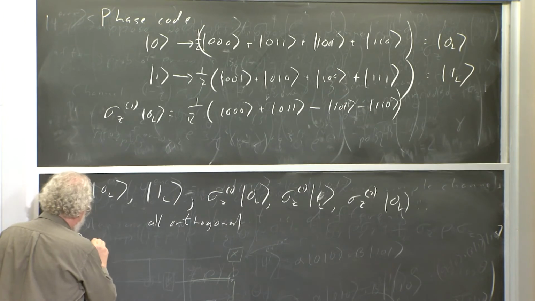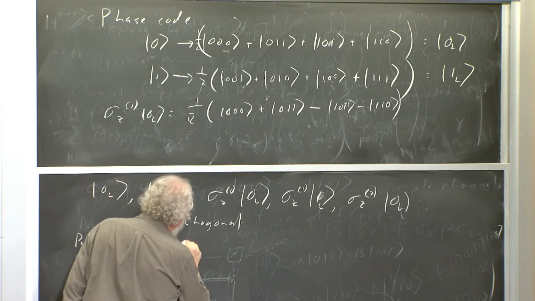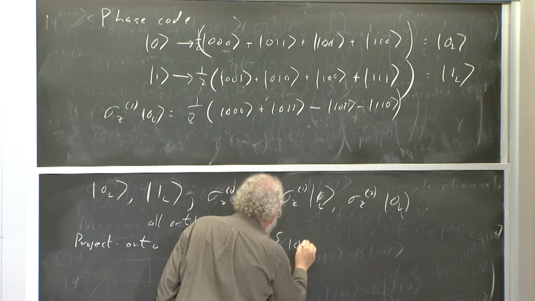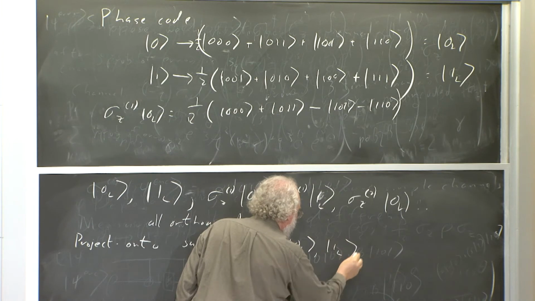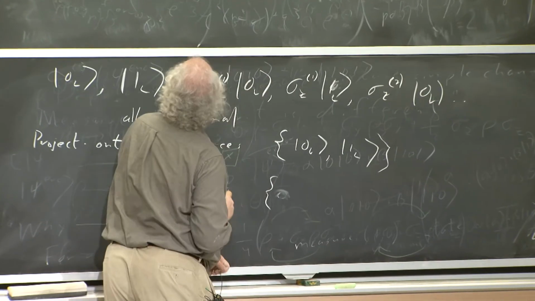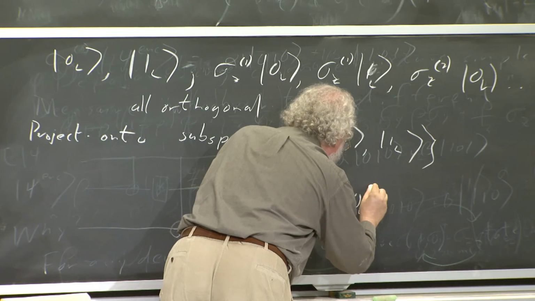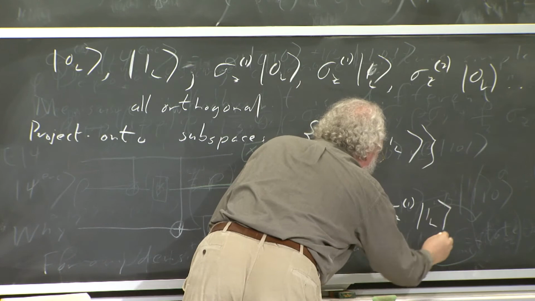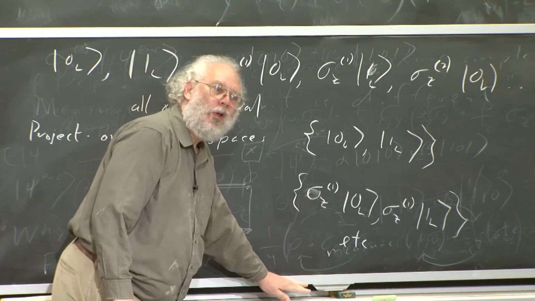So project onto subspaces 0L, 1L, sigma z1 0L, sigma z1 1L, etc. So these are 4 orthogonal subspaces.